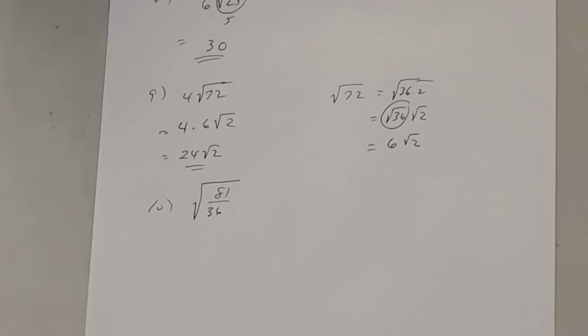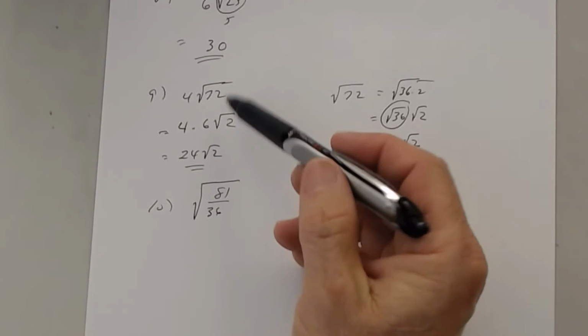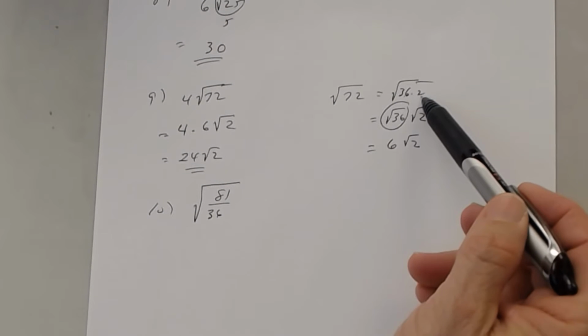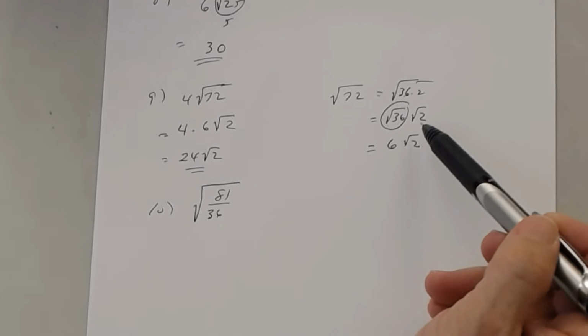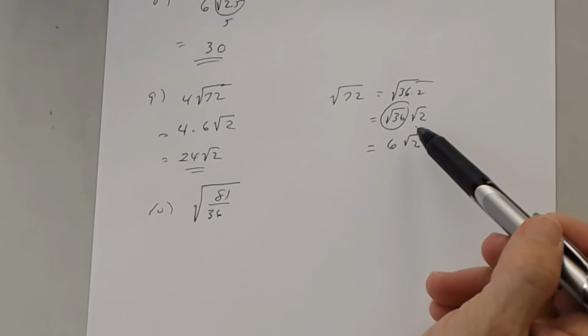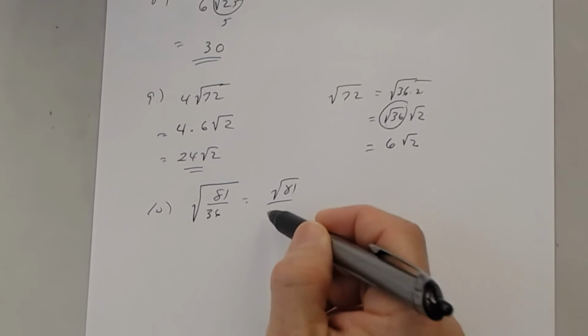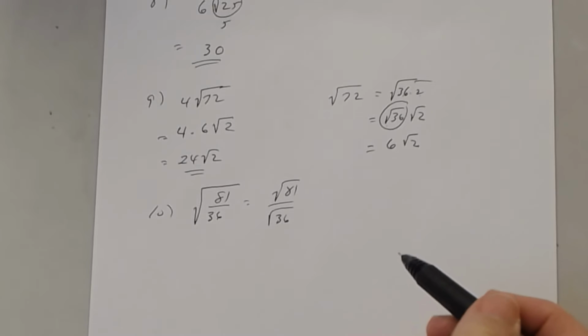What I wanted you to say was that, just like we did with the square root of 36 times 2 being the square root of 36 times the square root of 2, I wrote it as a square root of a product of the square roots. I want you to say this is the square root of 81 divided by the square root of 36.